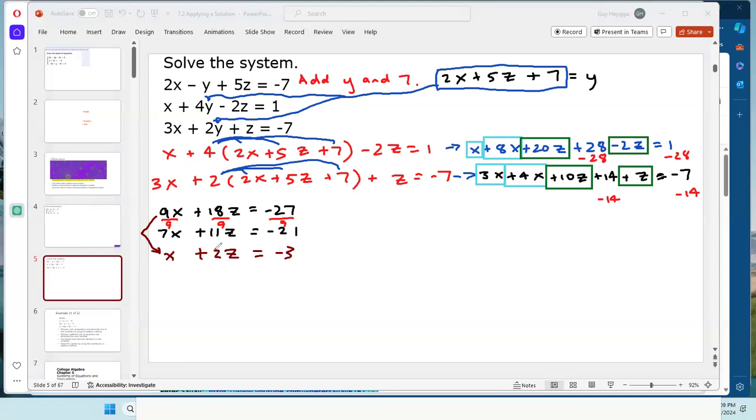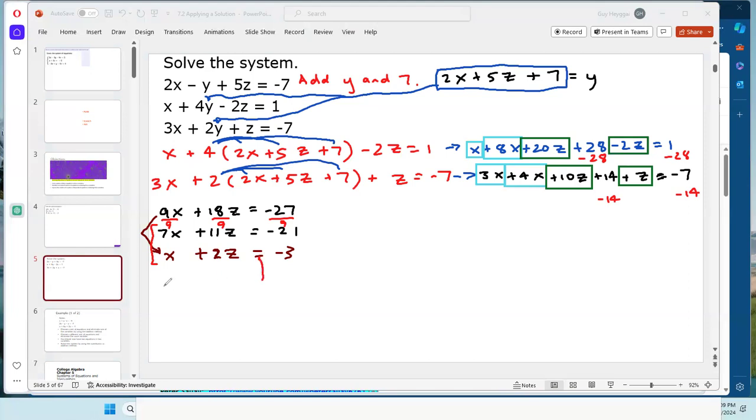And so then we'll solve this little system here. Okay. And we'll go ahead and use substitution again. Why not? On this little system right here. Subtract 2z from both sides.